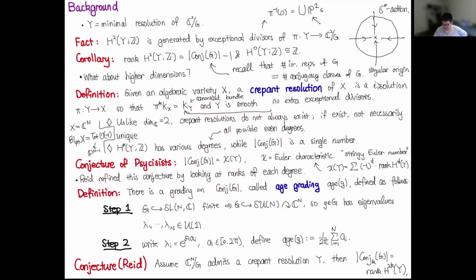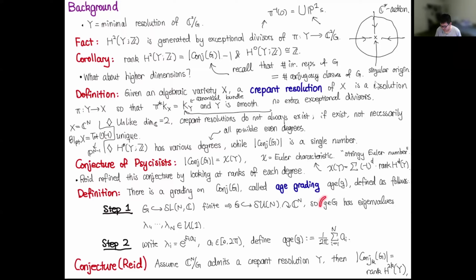So if you want to refine this McKay correspondence, you need to say what happens in each degree. There is a grading on the conjugacy classes of G, which we call the age grading. The age grading is obtained by looking at the eigenvalues of the action.